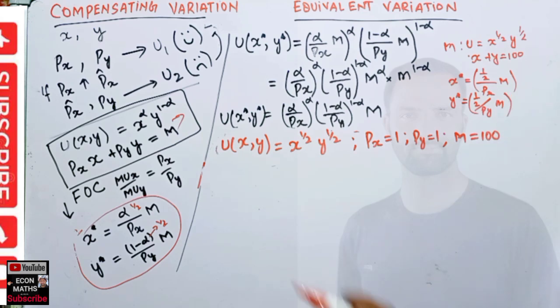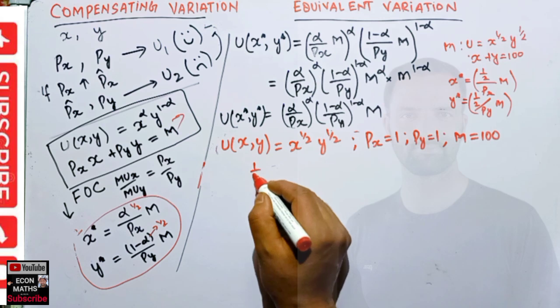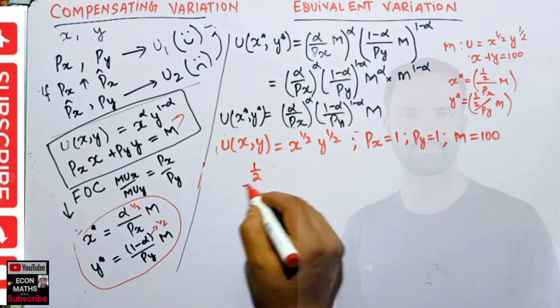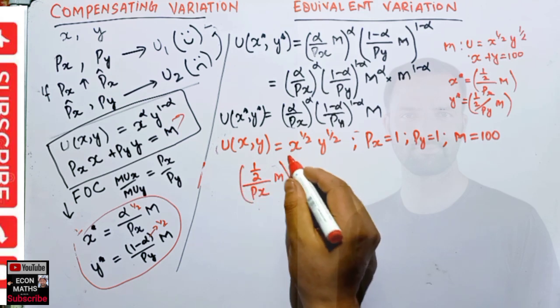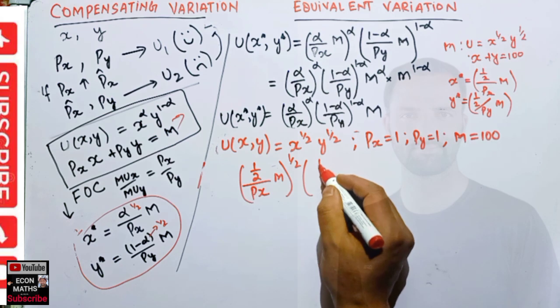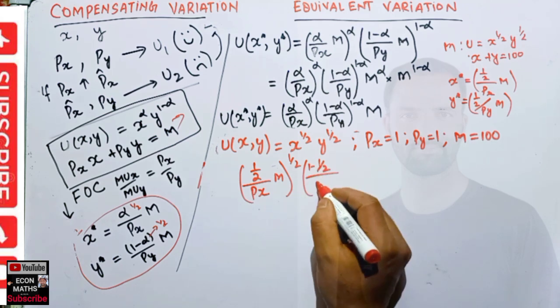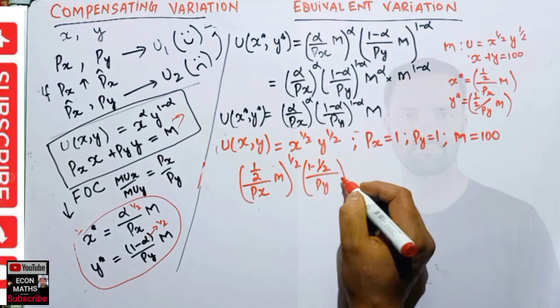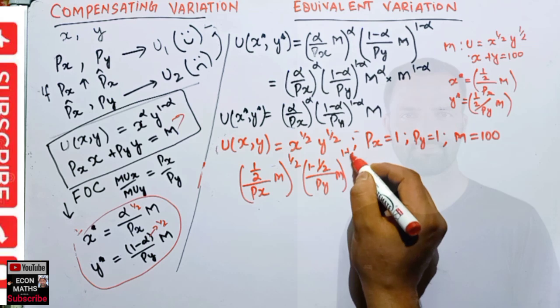So in place of x, I can write 1 upon 2 divided by price of x into m raised to the power 1 upon 2. Similarly, in place of y, we have 1 upon 2, 1 minus 1 upon 2 divided by price of y into m, raised to the power 1 minus 1 upon 2.